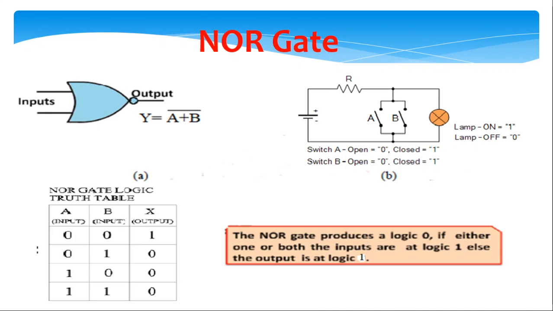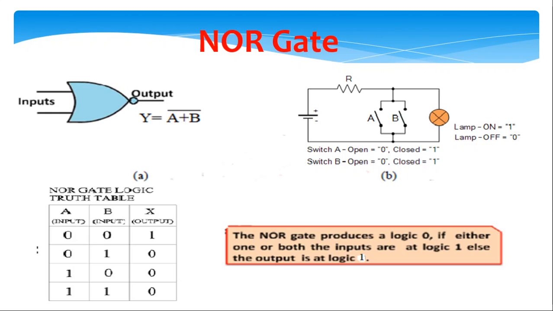NOR gate produces a low output when any of the inputs, either A or B or both, are at logic 1. That is, the lamp is off when either A or B or both switches are closed.